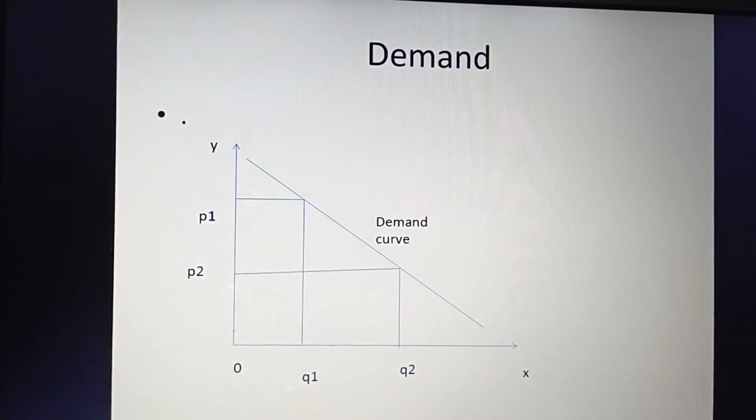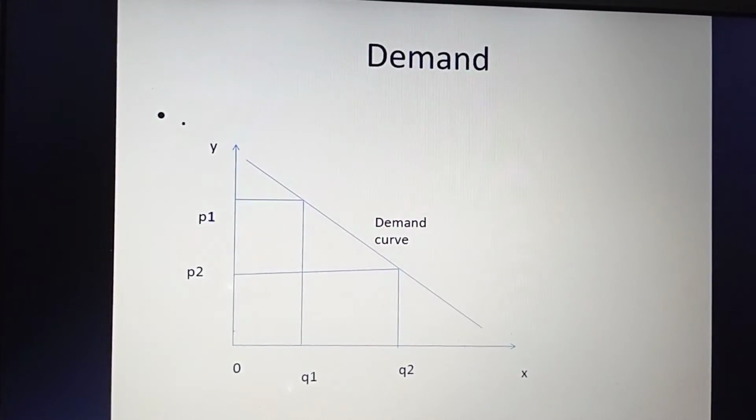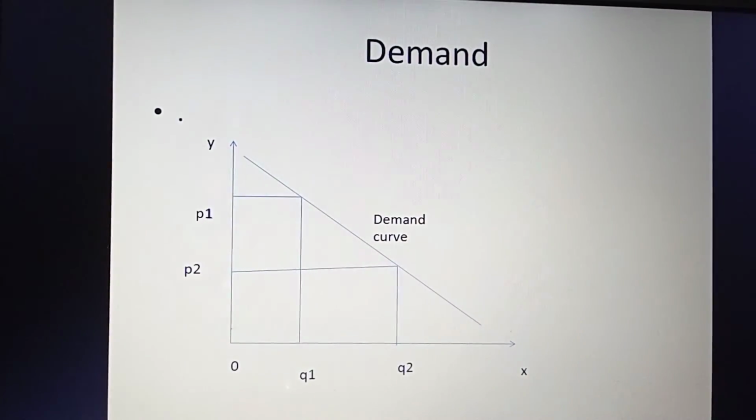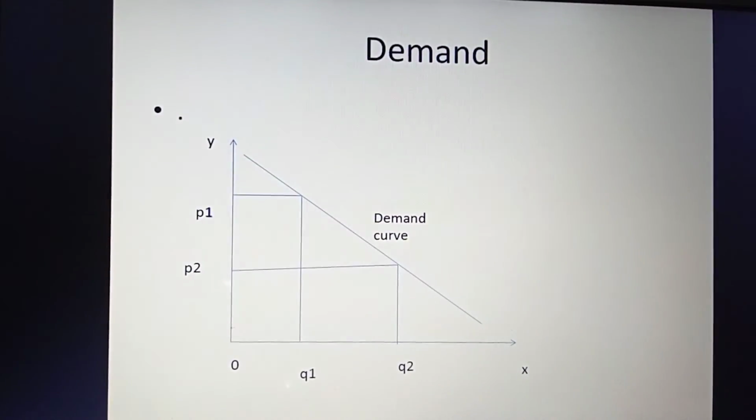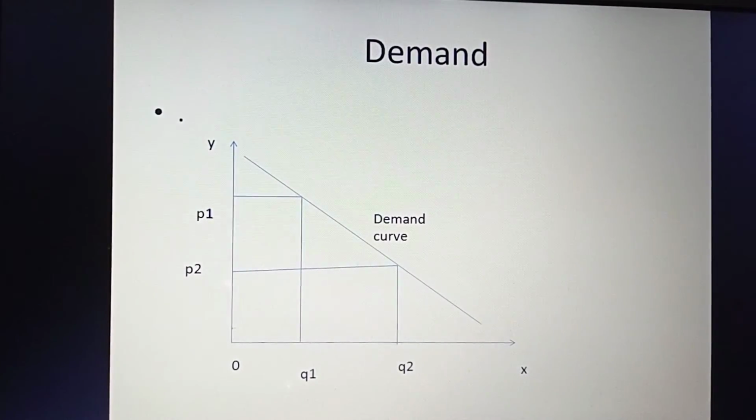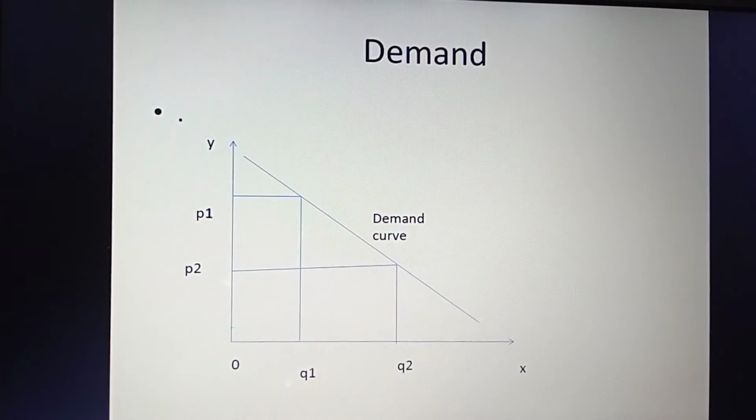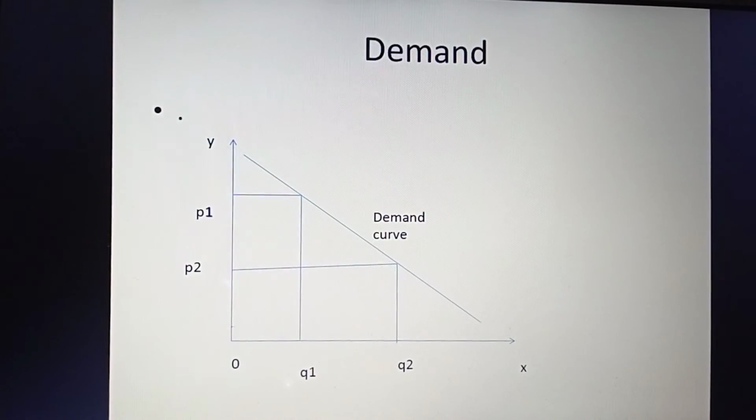That curve is a downward sloping curve, and that downward sloping curve is the demand curve. So the demand curve is formed with the help of various combinations of price of a commodity and the respective quantities available at that particular price.